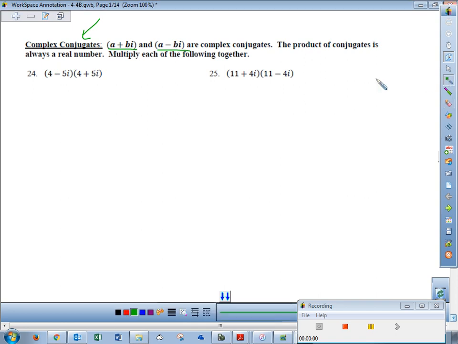When you want to take a binomial times a binomial, you're supposed to FOIL. But when you multiply conjugates together, what happens when you FOIL it all out? Well, let's find out. First terms times each other, what do you get? 16.